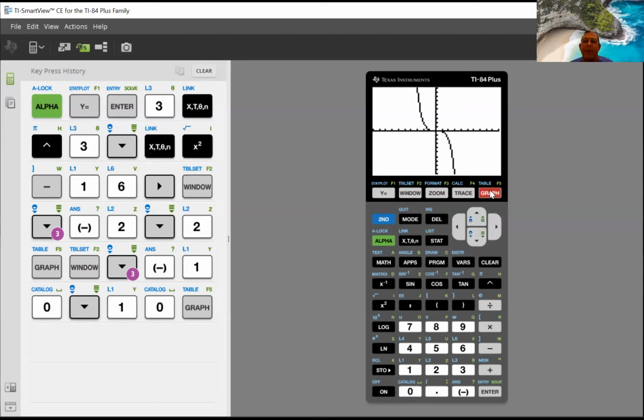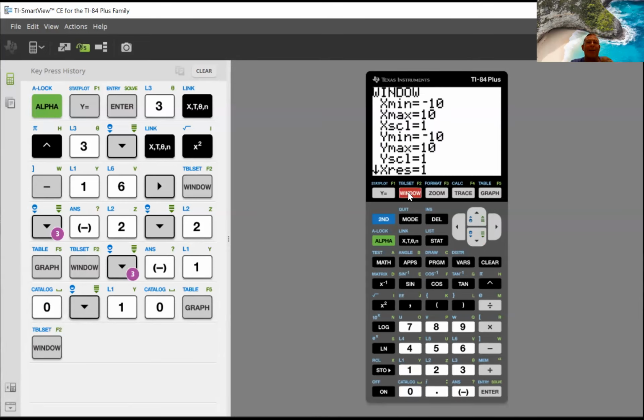Well, that didn't change much, did it? Oh, my bad. Okay, window. It was negative 100 and 100 on that. And there you go. So let me go down here and go negative 100.